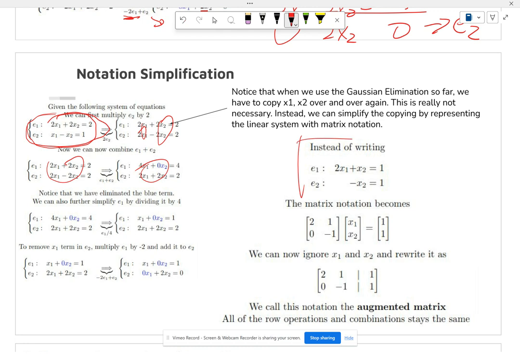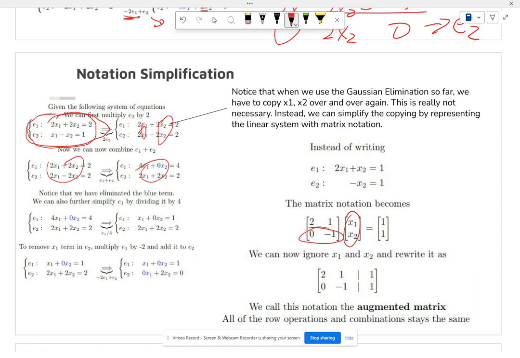So instead of writing the two equations, we can write them in a matrix format. And the matrix format is 2, 1, 0, minus 1 times x1, x2. We learned how to do the matrix product, right? So we know how to do this multiplication. If we take the dot product here, notice that's just equal to this equation. Take a second, make sure you're convinced.